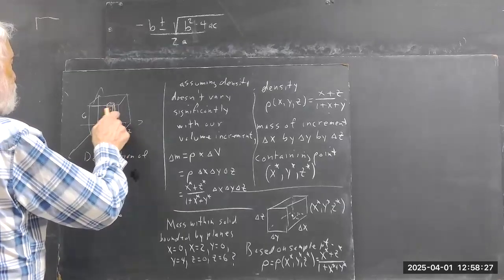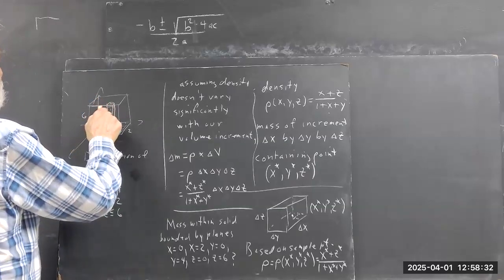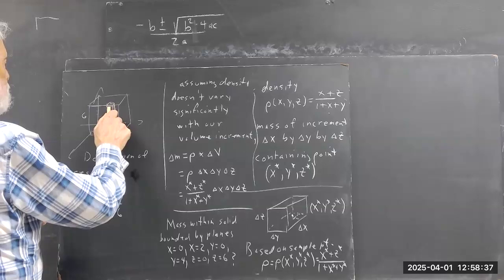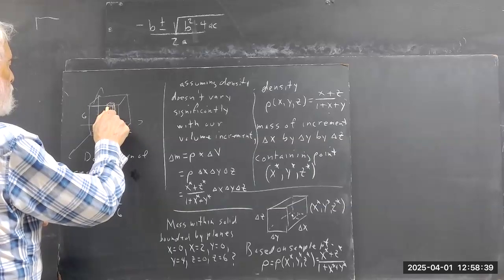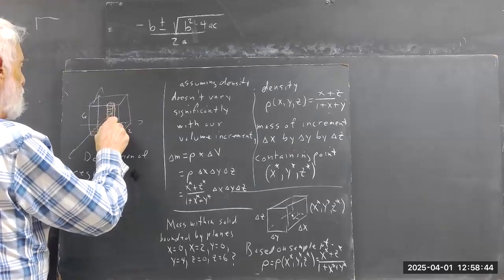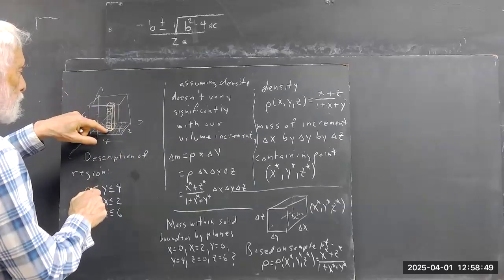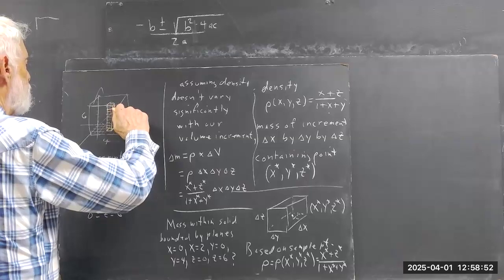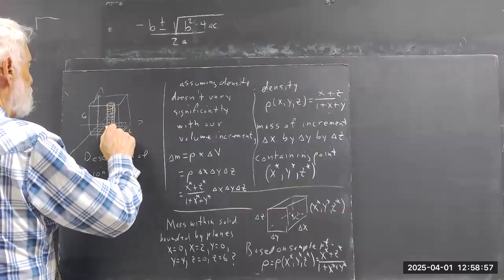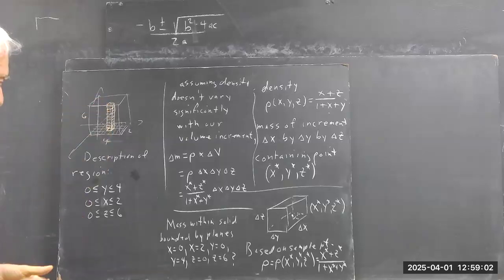And then we subdivide the z-axis. And that corresponds to, now these z values that I've got here are going to correspond to slices, boundaries and slices of this column here.